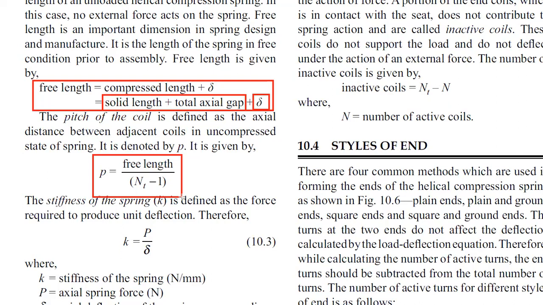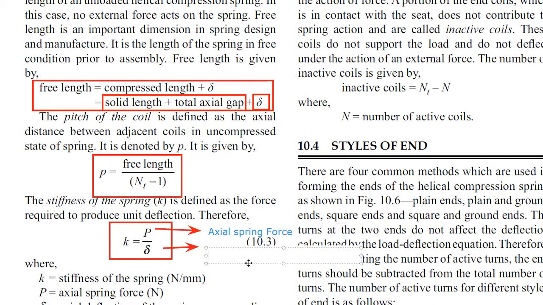Stiffness is also very important to understand. The stiffness of the spring is defined as the force required to produce unit deflection. P is the axial spring force which you have, and delta is the deflection.